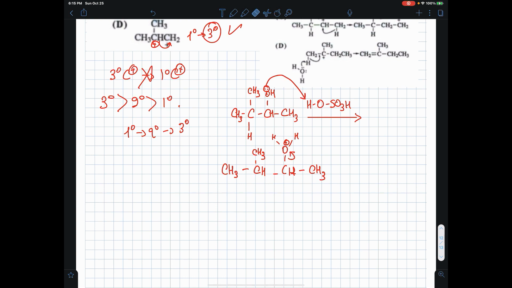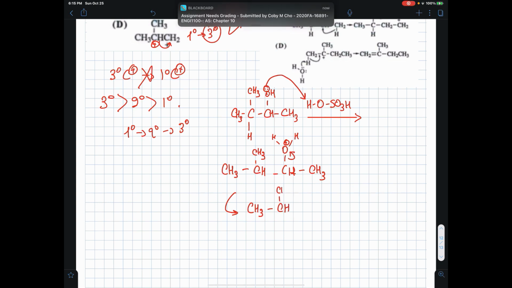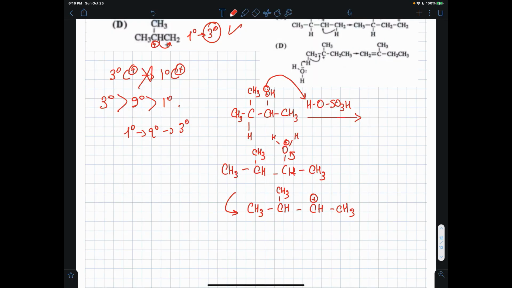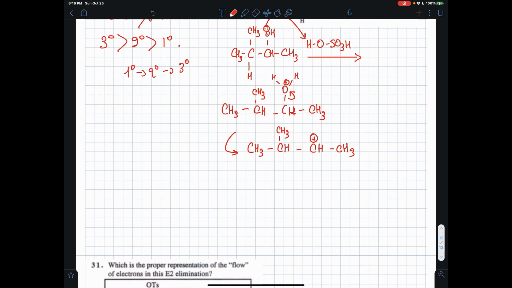Oh, this hydrogen is around there. And then we're going to end up with a CH3, CH, positively charged, and then the CH3. Now, the last step is, what we lost here, a hydrogen.